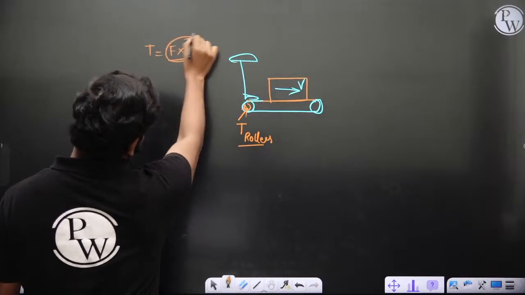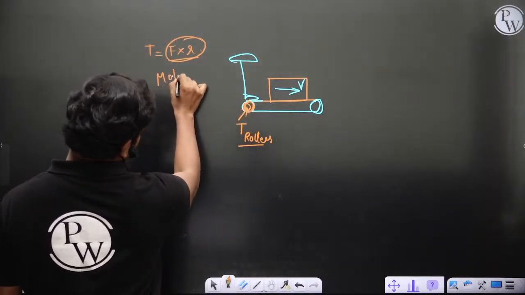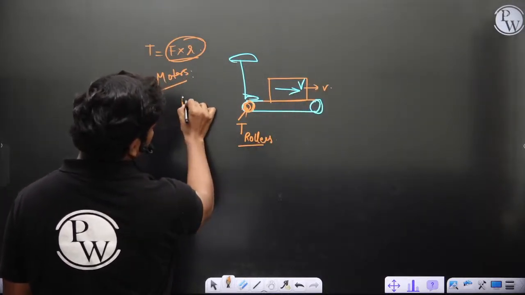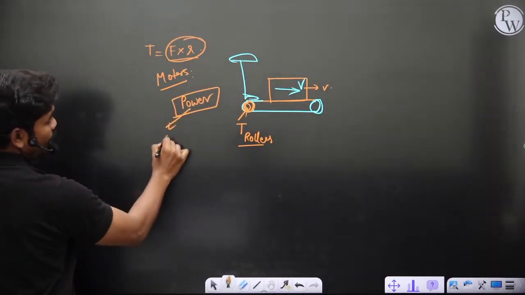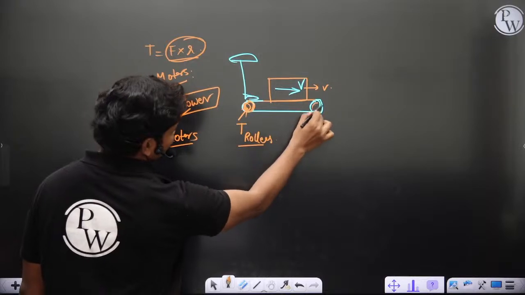Of course, this is the formula, but if you are driving these rollers with motors, depending on this velocity you can also calculate the power. Depending on the power rating, you should order the electric motors which drive these wheels.